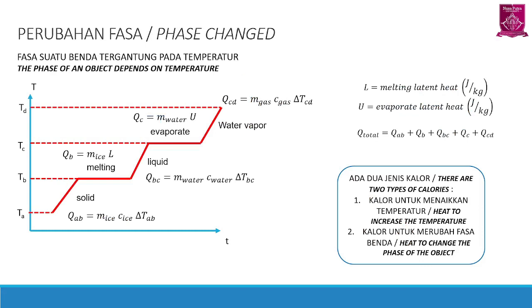And now phase change. There are two types of heat. The first is heat to increase the temperature, and the second is heat to change the phase of the object.